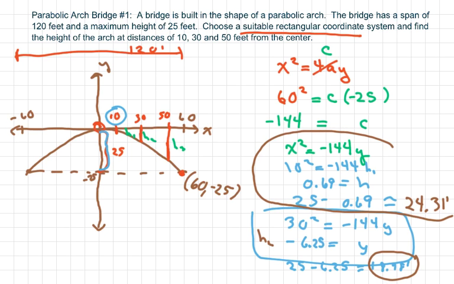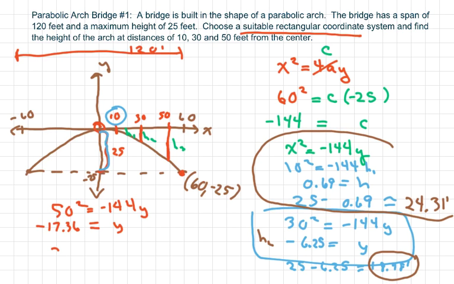So I'm going to erase this a little bit so I have more room, and we'll do that one in red. So we get 50 squared equals negative 144y. So y equals, in this case, negative 17.36.